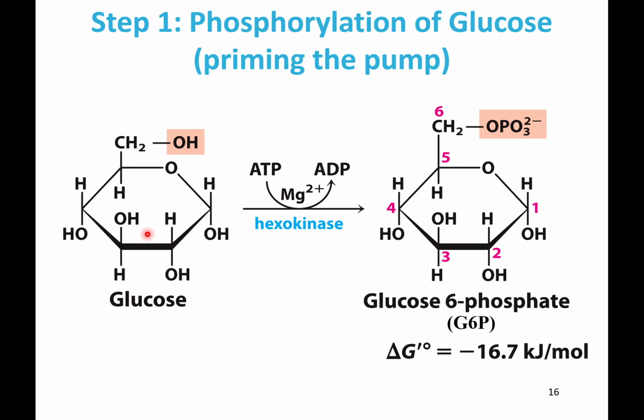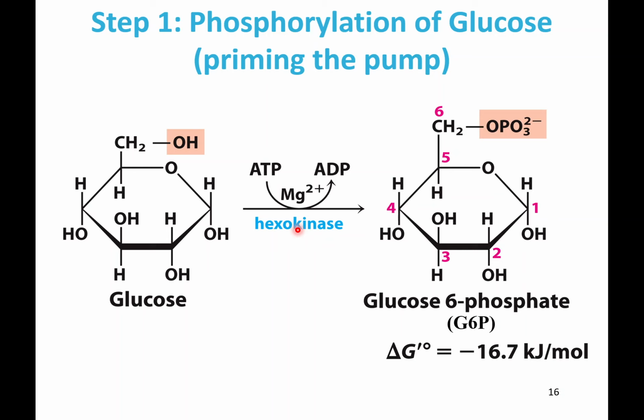Okay, so let's start with the first step. The first step is the reaction of glucose going to glucose 6-phosphate, and that's catalyzed by an enzyme called hexokinase. Hexo meaning 6, in this case a 6-carbon sugar, and kinase tells you that it's an enzyme that catalyzes the transfer of a phosphate group.